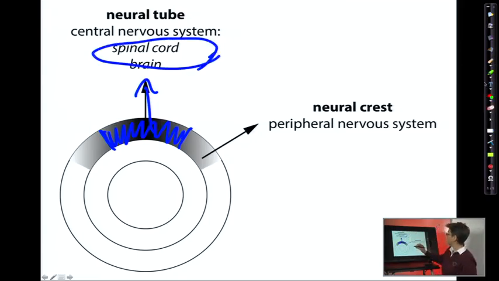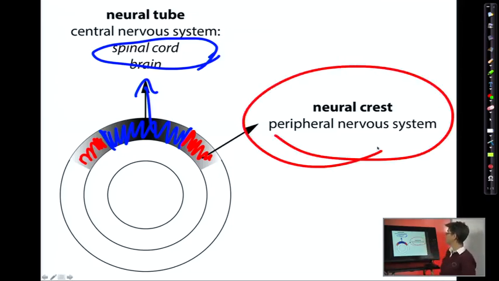And then these wings here, this part of the neuroectoderm actually contains these migratory cells. These are cells on the march. They are going places. They go all over the body. And so they actually are going to form the peripheral nervous system. So the peripheral nervous system is formed by the migratory cells out here, which are called neural crest cells.